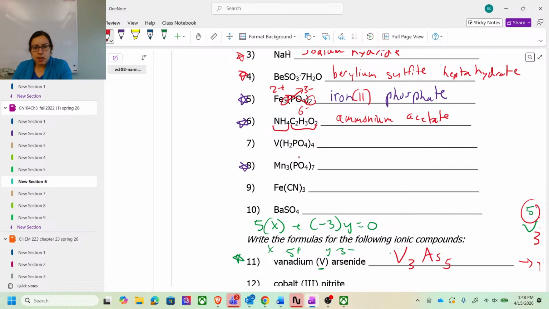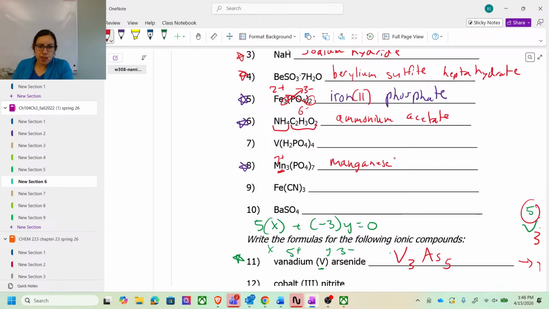All right, let's look at 8. This is another tricky one, but I think the reverse swap trick would help. So what's our name here? It would be 7, but what's the compound? Manganese. Manganese, otherwise they'll think you're saying magnesium.